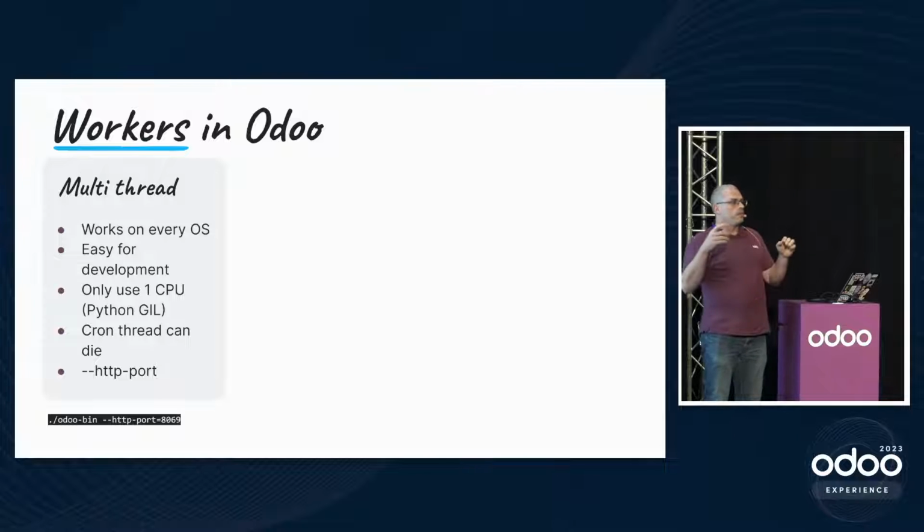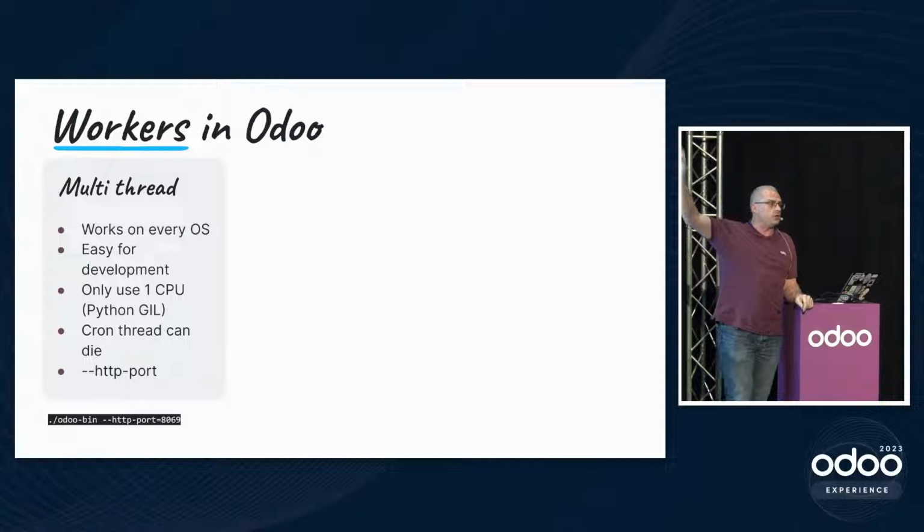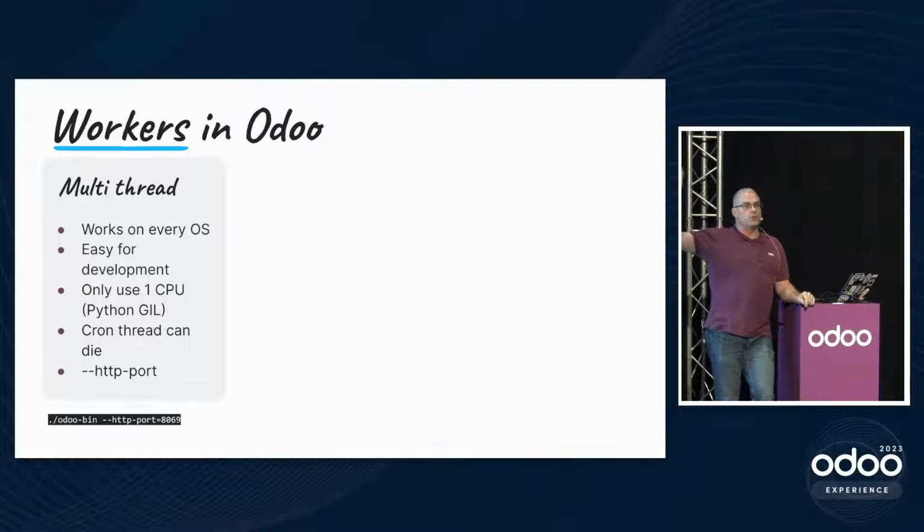So you can have the biggest server in the world. If you launch it this way, it will only use one CPU at a time. And this is due to the Python GIL. It's not a limitation from the Odoo side, it's a limitation of how Python is designed for executing multiple threads.